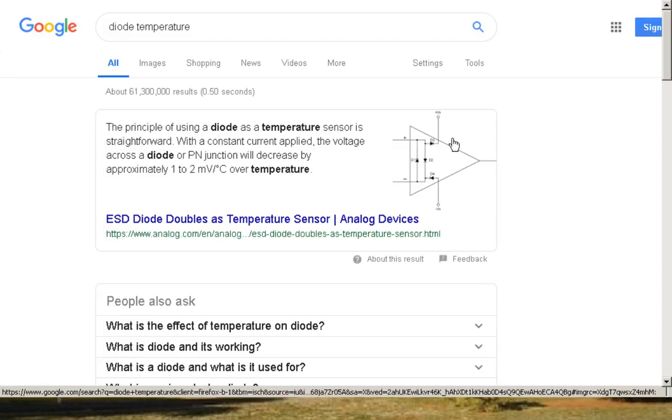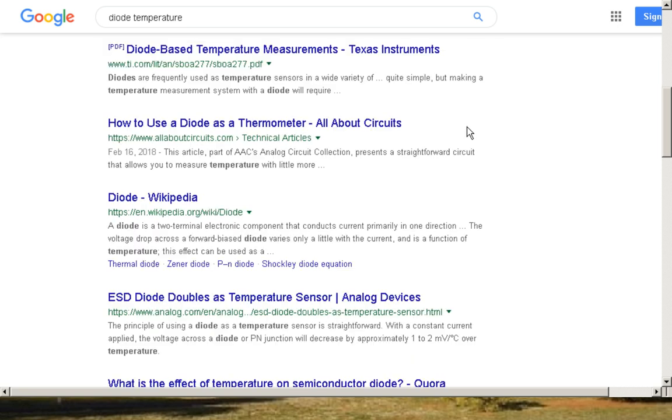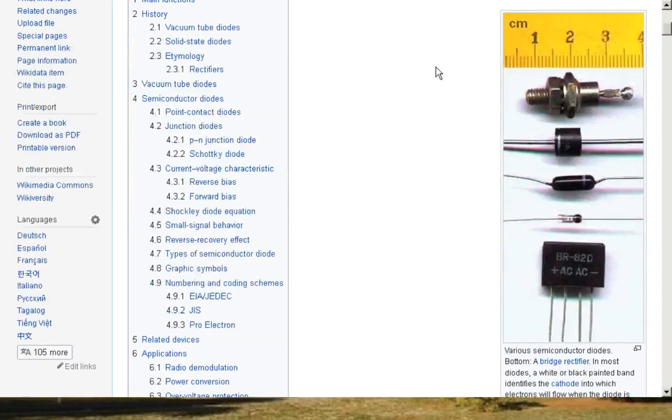You wonder why I talk about this? It's because there's a temperature formula in a diode.